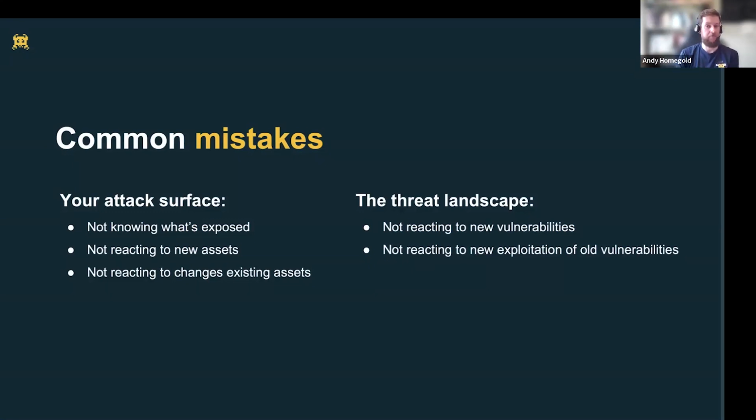And if it's not evolving, perhaps you have a single asset exposed to the internet, and you're not applying patches to that asset, then you end up in a situation where you have an unpatched asset exposed to the internet. So make sure you're reacting to new assets, reacting to changes in existing assets, and making sure they're being scanned continuously.